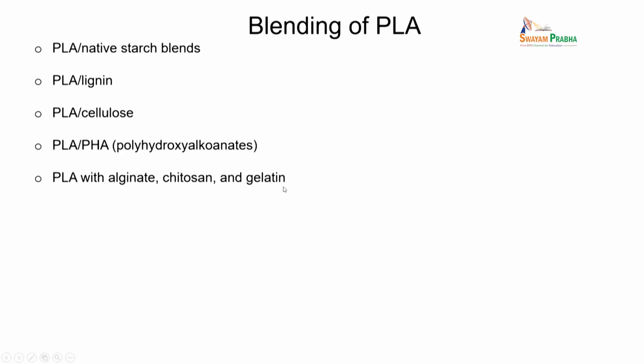So mixing with alginate, chitosan, gelatin is also possible. Okay, so gelatin is a kind of protein, right? You can mix protein with PLA and make new material. Okay, so basically the number of possibilities of mixing PLA with so many other biomaterials or bioequivalent materials is quite large. Okay, so this is again an expanding range of activity that is happening.